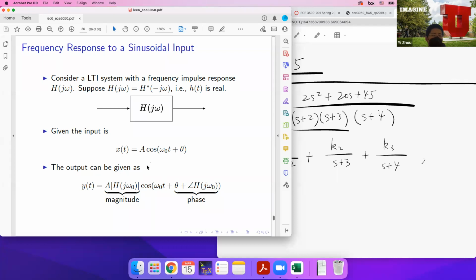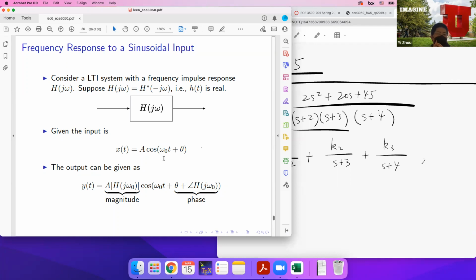This is very intuitive because the input signal is only located at a particular frequency omega naught. If you draw the spectrum of a cosine signal, it is a pair of impulses located at omega naught and negative omega naught.